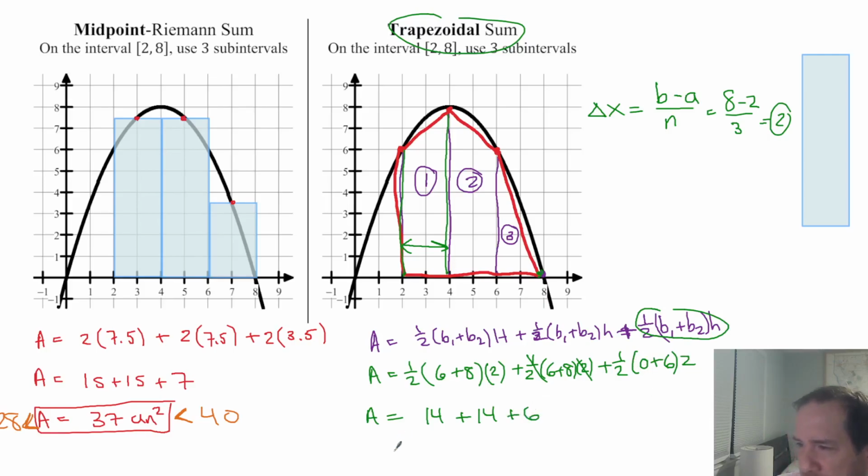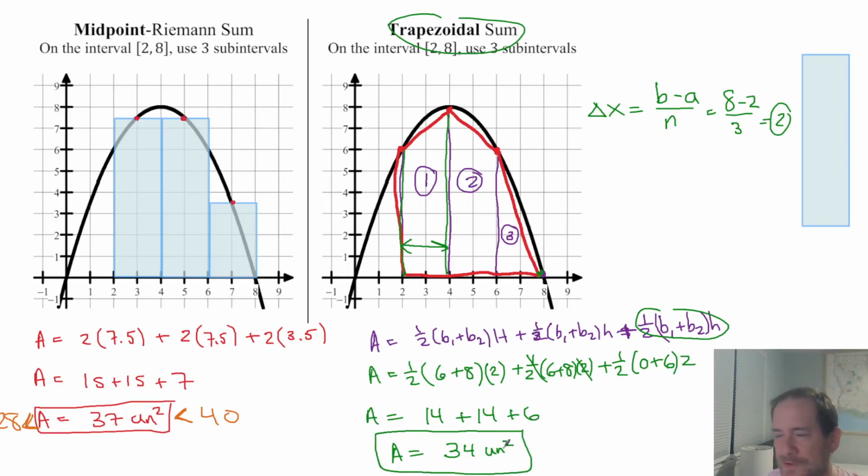So plus an extra 6, which means this time my area, calculated this way, is 34. Yeah. So, oh my god, degrees. It's not 34 degrees. 34 square units. Alright, I don't know why I labeled that degrees.